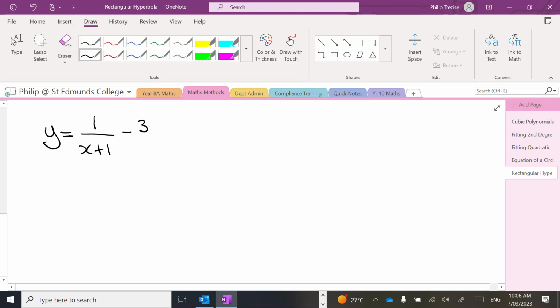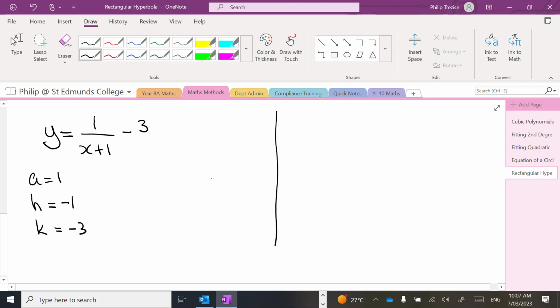Now in this one, I would say that a equals 1. I would say h, the horizontal shift, is, remember, it's x take away h, so I'd have to write h is negative 1, and then k is the number at the end, including the negative sign because it's plus k. So there's h and k.